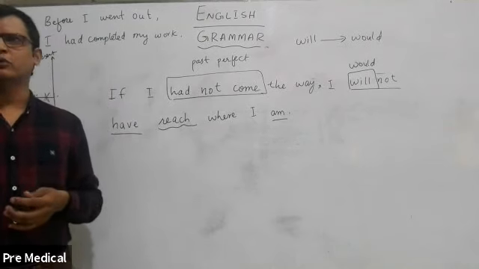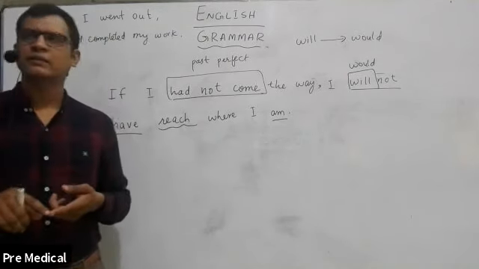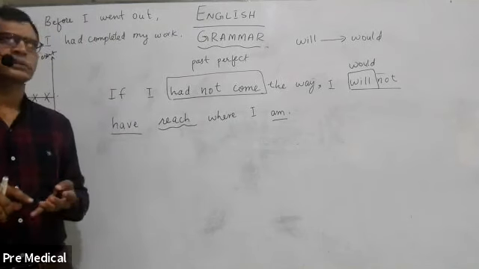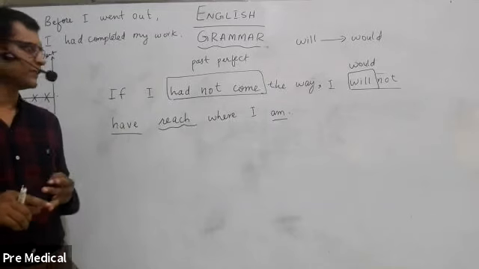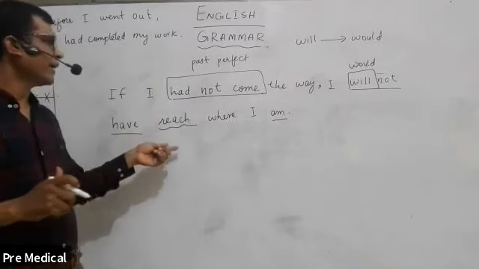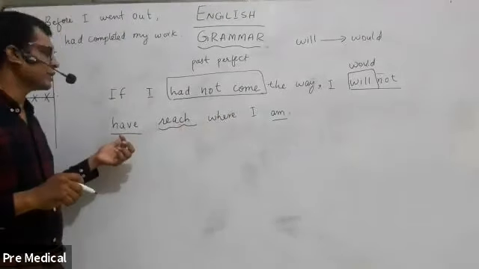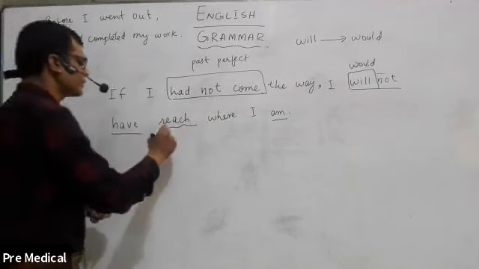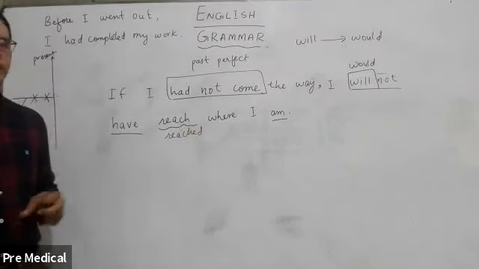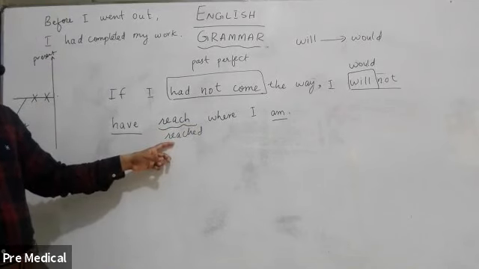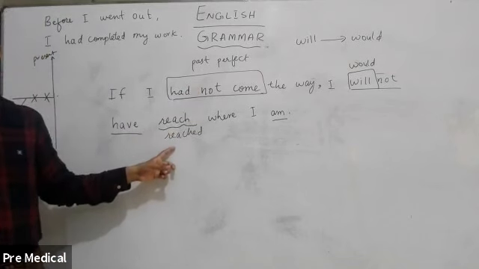With them we use the first form of a verb. Like we say, I can work, I might come tomorrow, I need to go out, I must study hard, stuff like that. So if you are using would not here and then we are using have, we need to change it into the third form of a verb. Now this goes into past, and because of past perfect it has to be past tense.